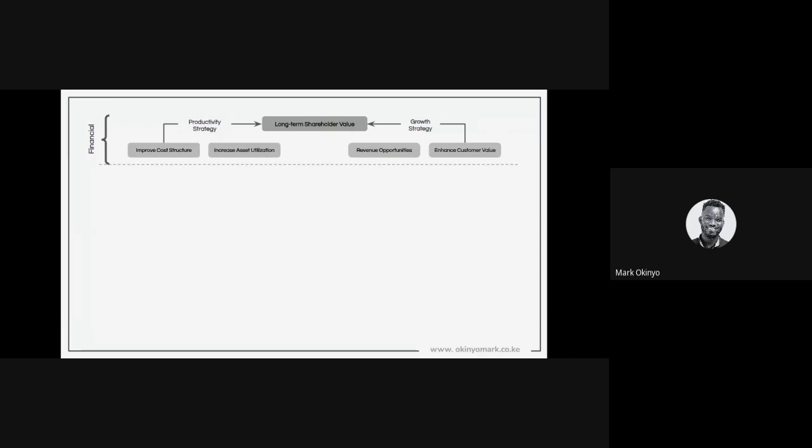Another example could be, let's say you are an institution that deals in training. You could choose to either develop your own curriculum, or outsource curriculum development.